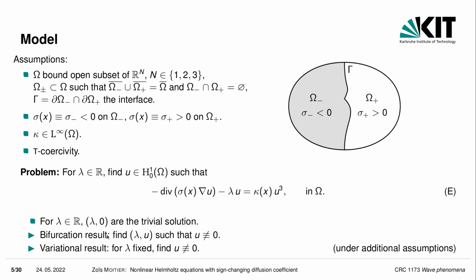The one that I call bifurcation result is more of an eigentype result, where the unknowns are lambda and u. So we're looking for a non-trivial solution in lambda and u. And some variational result, where you fix lambda and you're trying to find a non-zero u that satisfies this equation. For the second one, we will need additional assumptions, but I will detail everything when we get to this result. Okay, so this is for the model.